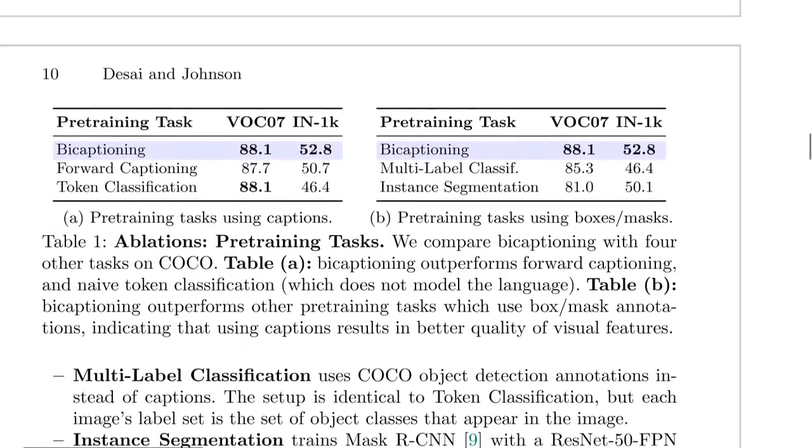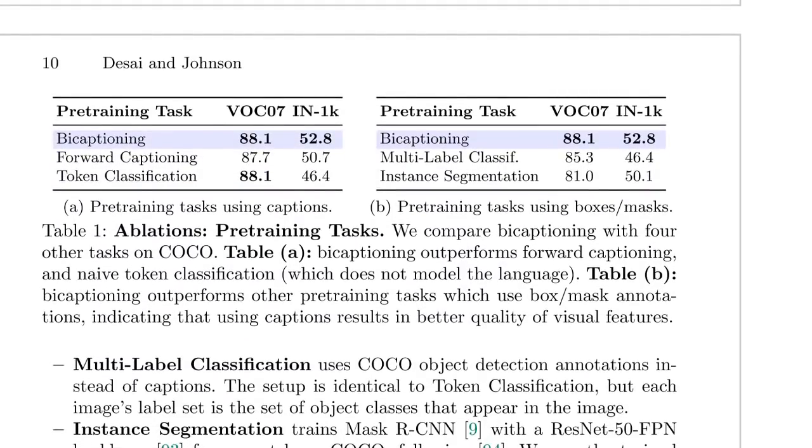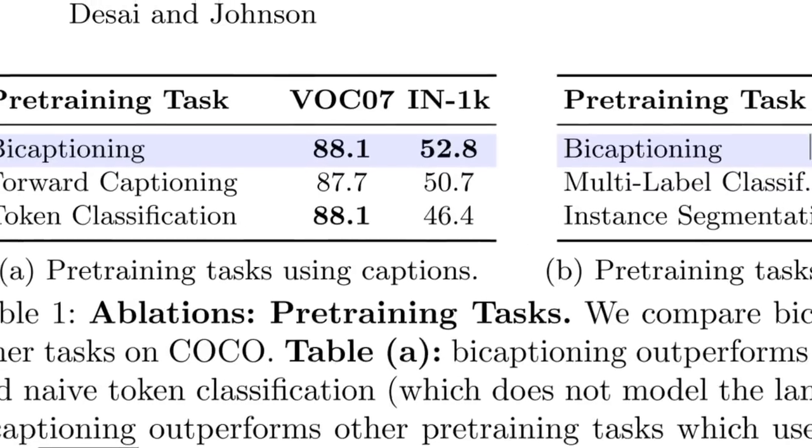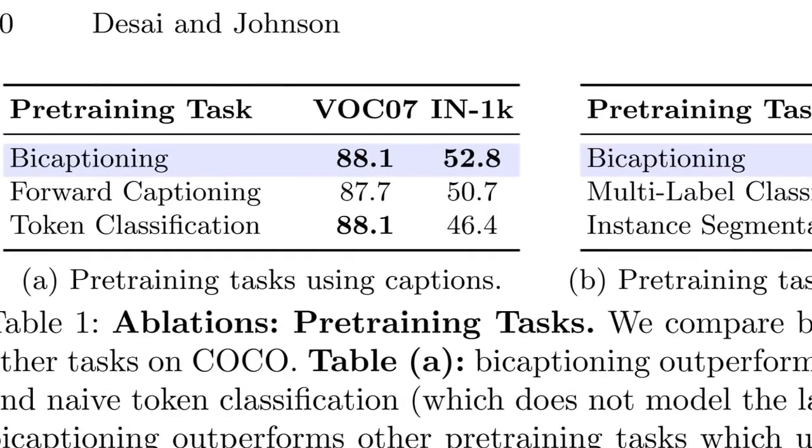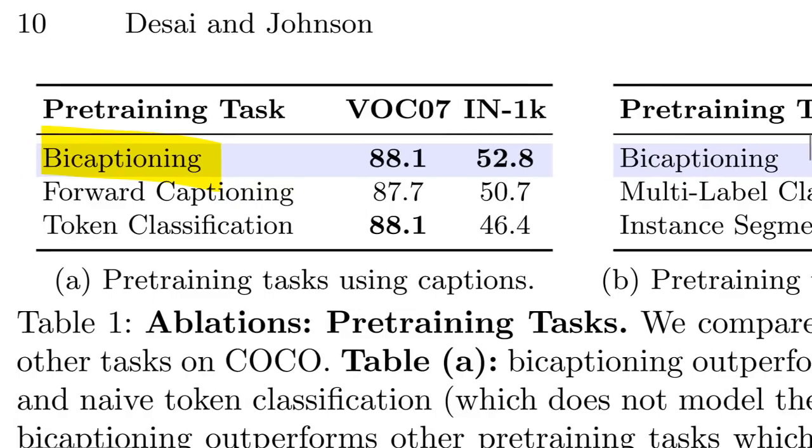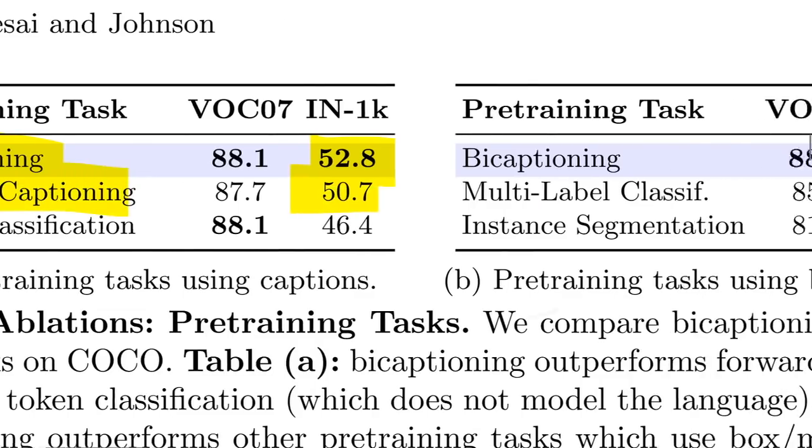They make a short excursion here and show how different parts of their model affect their final performance. And they find that, for example, the bi-captioning, which I believe is forward and backward captioning, significantly helps, for example, compared to only forward captioning.